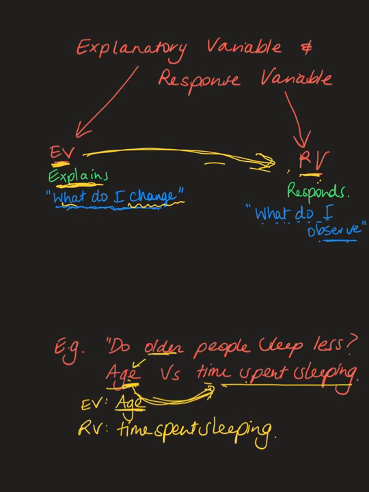However you think about it, it's always going to be such that one way won't make sense for something to cause a change the other way. So think of which one is going to cause a change in the other variable.